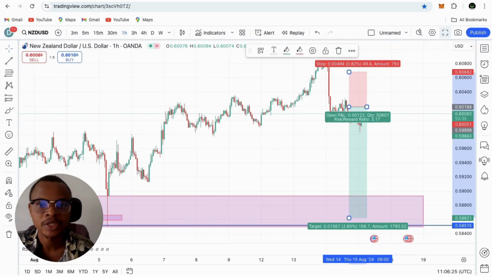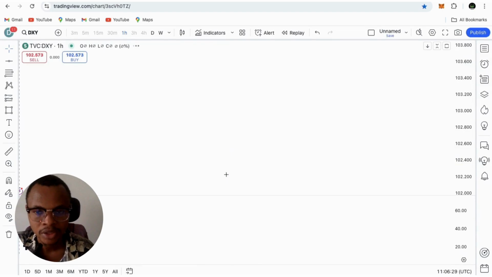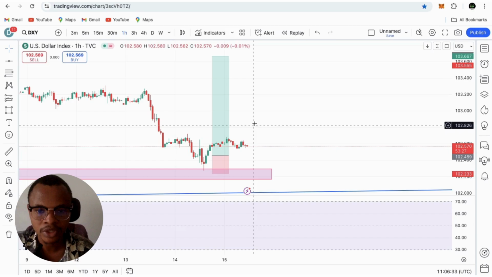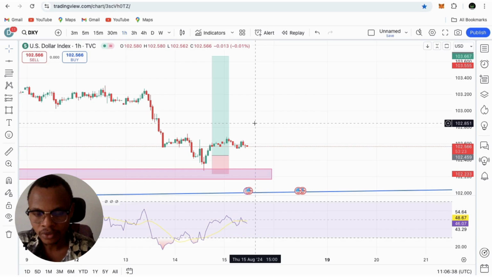All that matters to me is what DSY is actually doing. As long as DSY has not gotten to the stop loss or the take profit, it doesn't matter to me. This is a trade that plays out most of the time. If you trade it 100 times, at least 90% of the time it plays out.